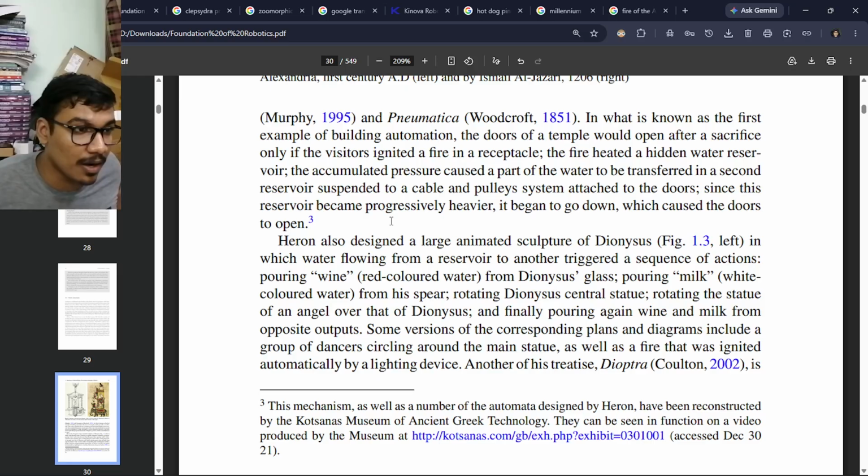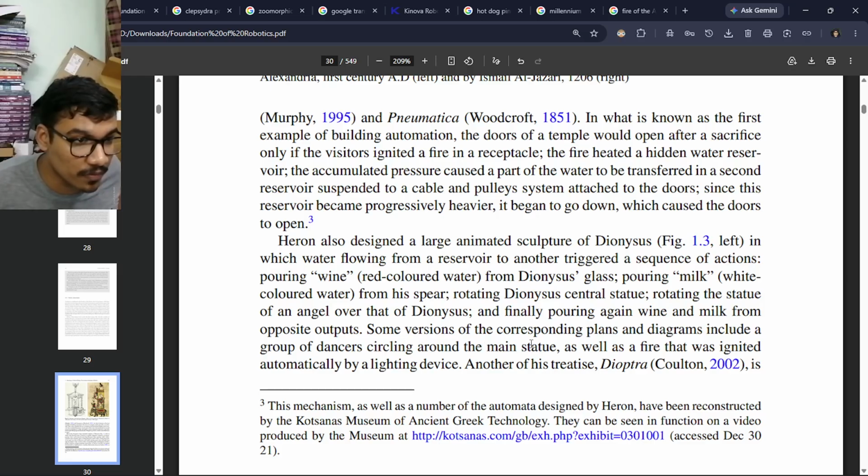Heron also designed a large animated sculpture of Dionysus, in which water flowing from one reservoir to another triggered a sequence of actions: pouring wine from Dionysus' glass, pouring milk, white colored water, from his sphere, rotating Dionysus' central statue, rotating the statue of an angel over that of Dionysus, and finally pouring wine and milk again from the opposite outputs.